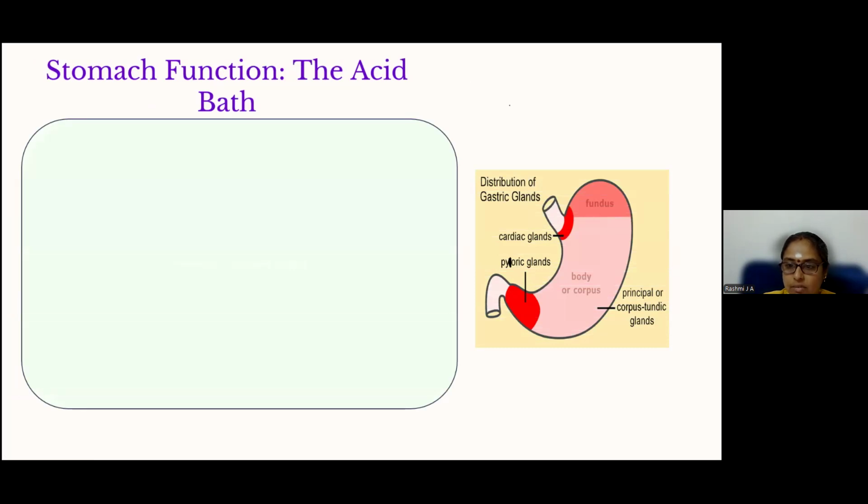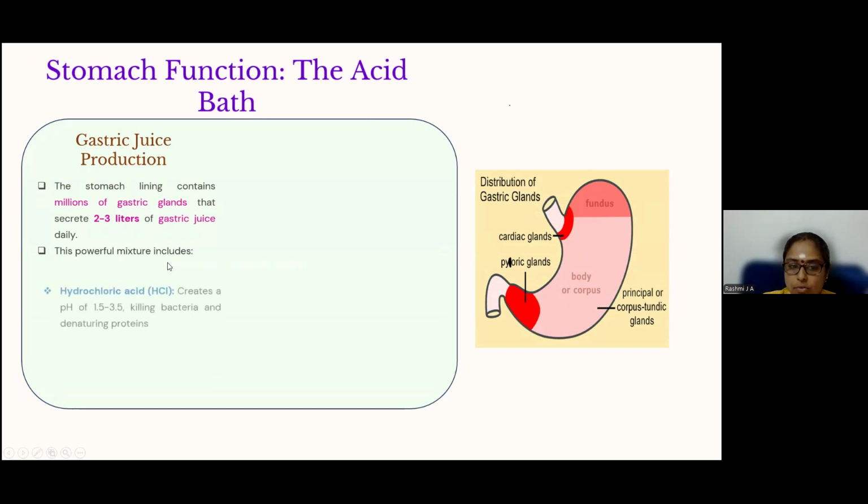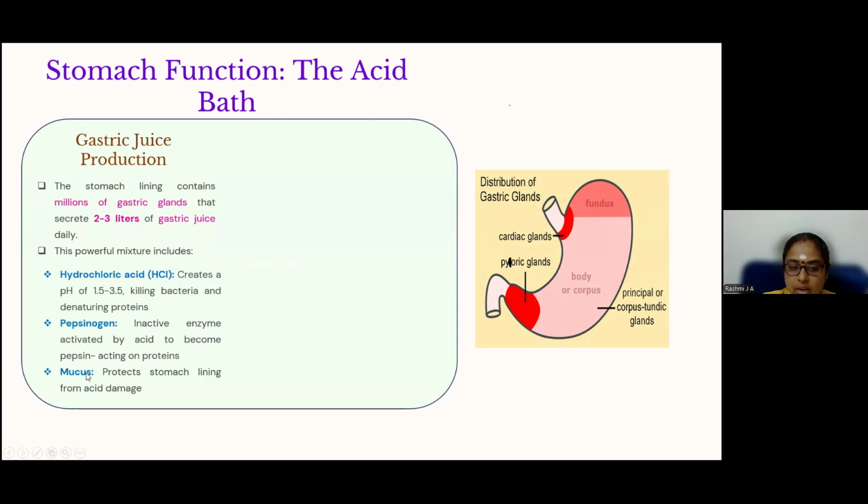Here you have gastric juice production. The stomach lining contains millions of gastric glands that secrete 2 to 3 liters of gastric juice. This is a powerful mixture of hydrochloric acid, pepsinogen, and mucus. I just wanted to tell you these because each has a specific function. The hydrochloric acid acts upon microorganisms that are not beneficial for our body.